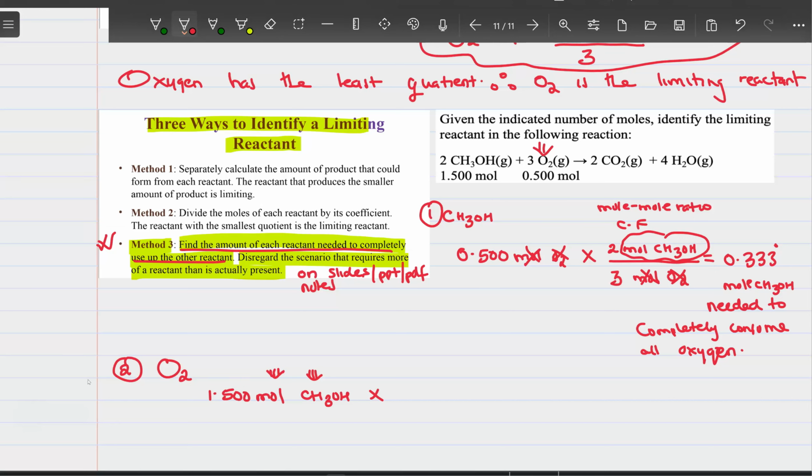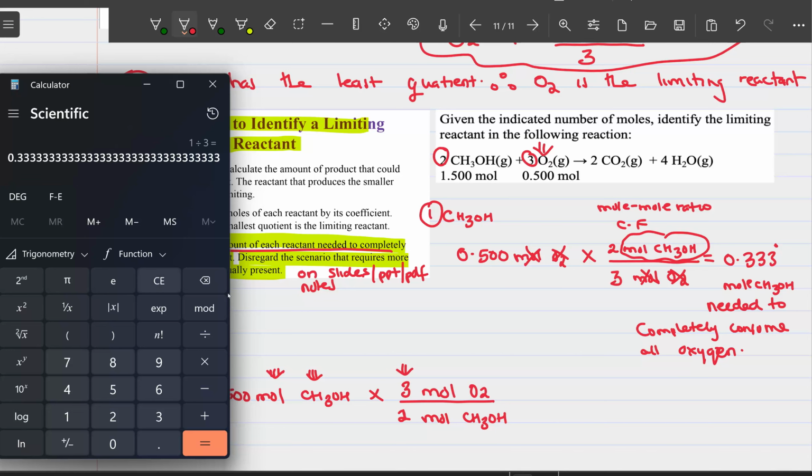So I'm going to multiply by the mole to mole ratio. This time the oxygen will be the numerator, the methanol is going to be the denominator. I'm taking just the reacting quotient, 2 methanols, 3 oxygens from the balanced equation of reaction. Now if you do this calculation, it will be 1.5.